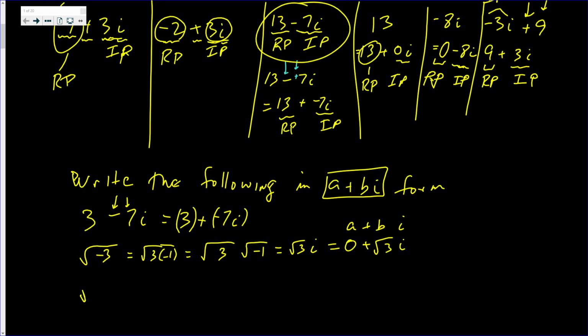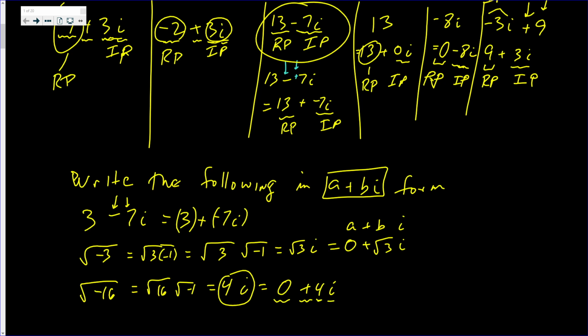If you have the square root of negative 16, this is the square root of 16 times the square root of negative 1, and the square root of negative 1 is I. So this is 0 plus 4i. You can always add 0. So a plus bi, A is 0, b is 4.